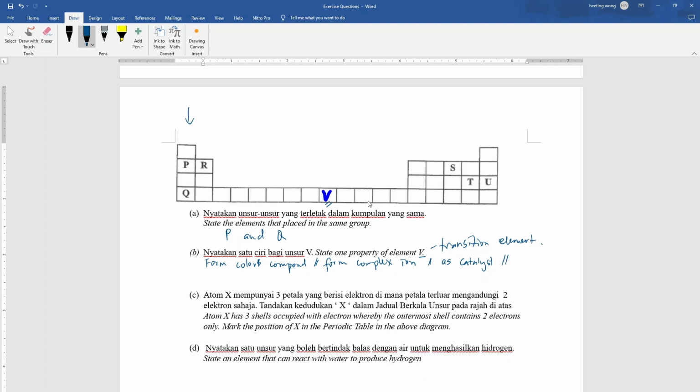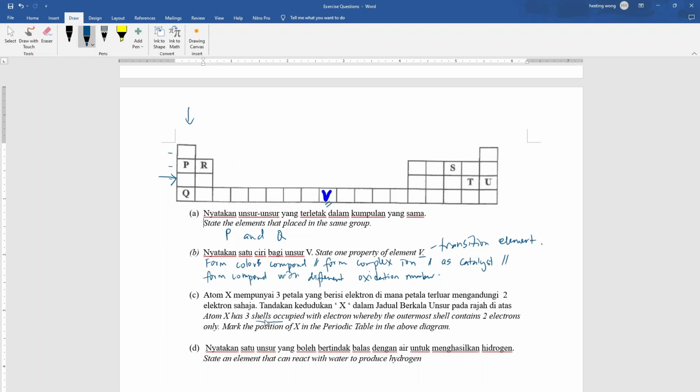Now, atom X has 3 shells. 3 shells means that it is in period 3: 1, 2, 3. So it should be in this period. The outermost shell contains 2 valence electrons, meaning that it is in group 2.